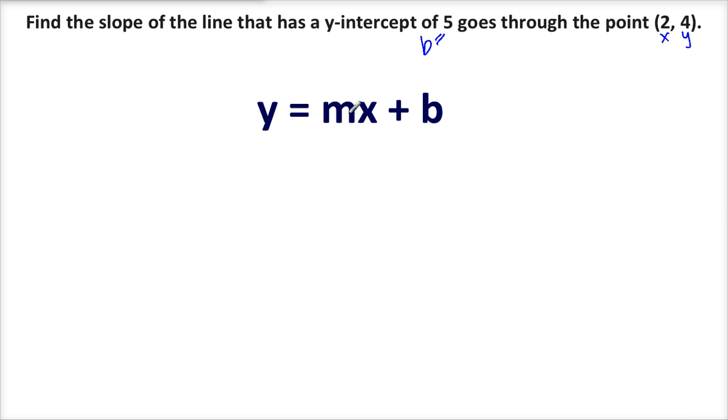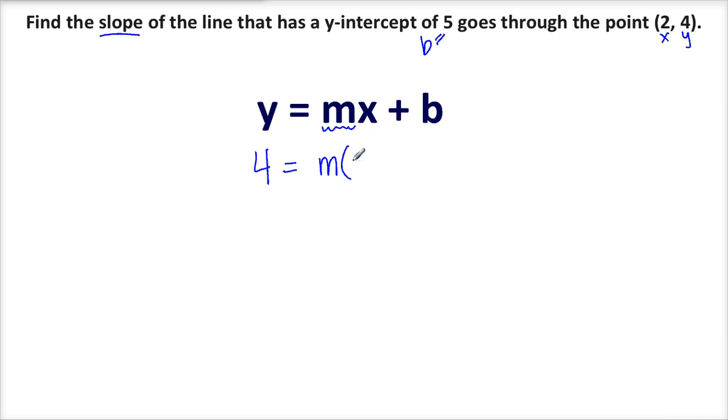So notice I'm given 3 of the 4 variables in this equation, and so I can plug in those 3 variables and figure out the last one, m, which I'm being asked to find.